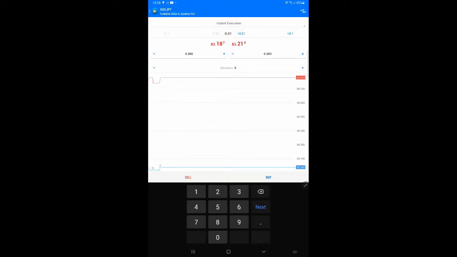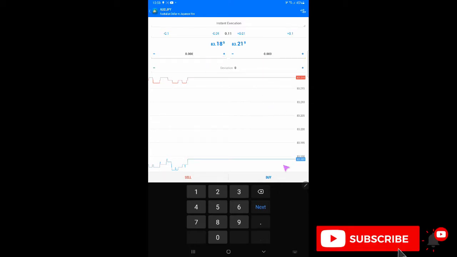But let's just come here and choose a lot size. I can decide to put a stop loss and a take profit. I'll also tell you how to do that. I'm just showing you how to use the MT4 now to place order. So I'm just trying to tell you how to place different types of order. So I will click buy.